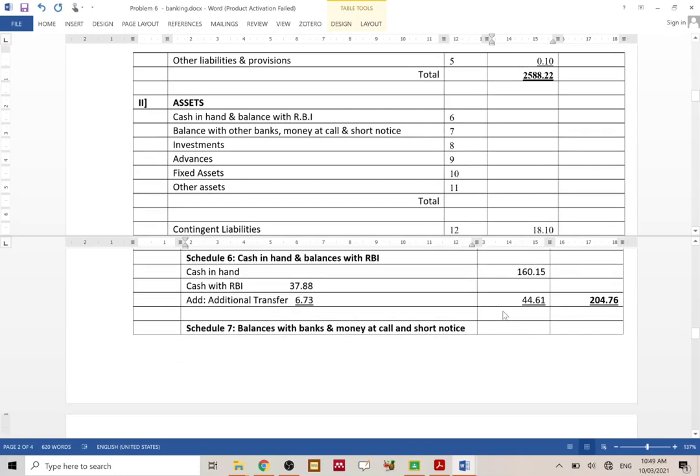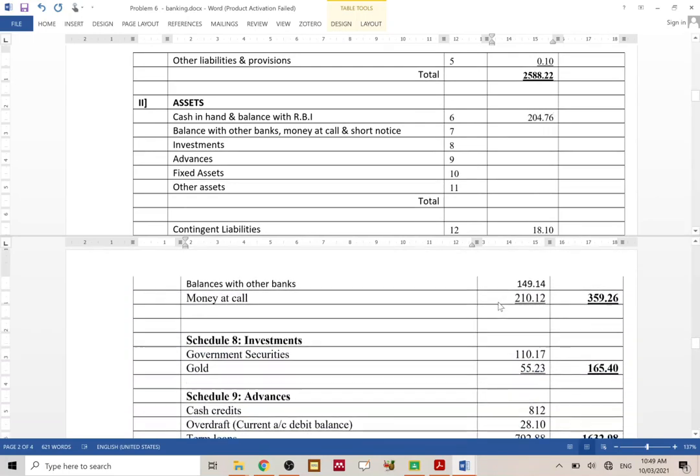Next, what about assets? Starting with schedule 6, 204.76, schedule 7, 359.26.